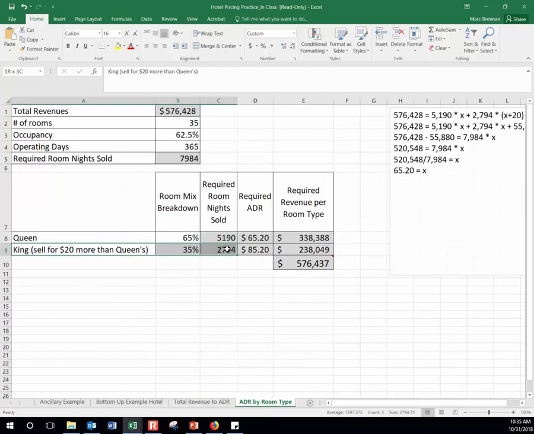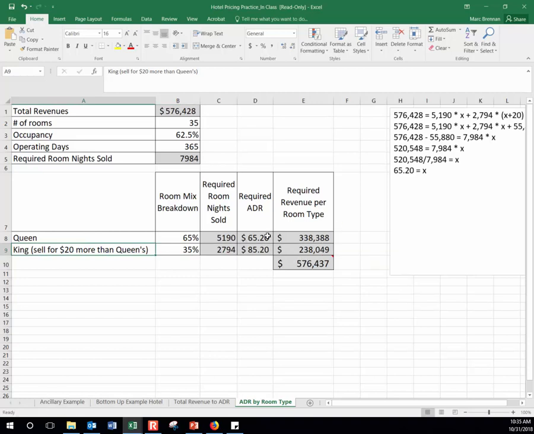Because King rooms sell for $20 more, and the fact that whenever I sell rooms, 65% of them are Queen rooms, 35% are King rooms. This is my room night breakdown, and this is how much my average daily rate needs to be for Queen, and this is how much it needs to be for King, based on all of these forecasts.